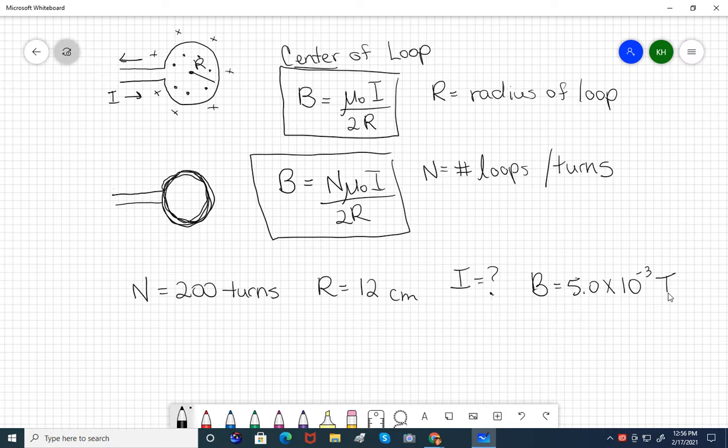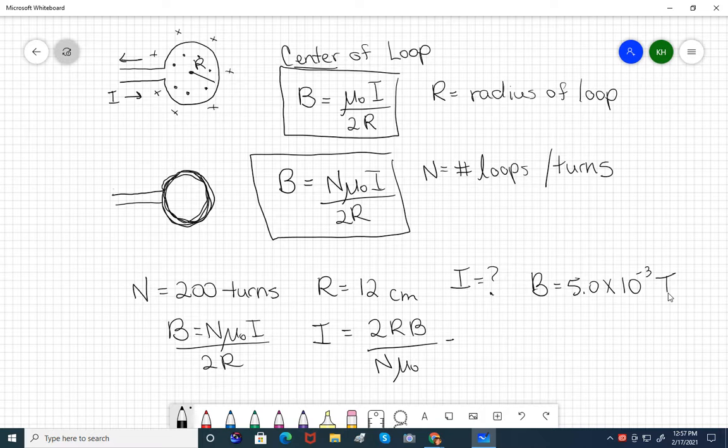So if we take our formula, B equals N mu naught I over 2R, and we solve it for I, we get I equals 2RB over N mu naught, and we just fill in the blanks. 12 centimeters is 0.12 meters. We just have to always remember to go back to our SI units. N is 200, and mu naught is 4 pi times 10 to the negative 7.